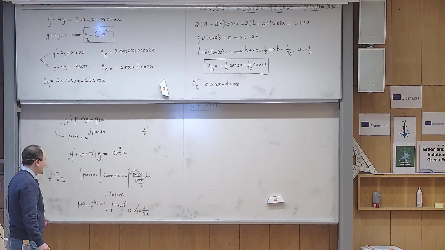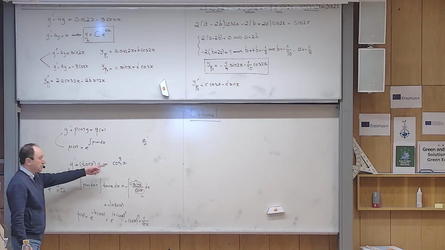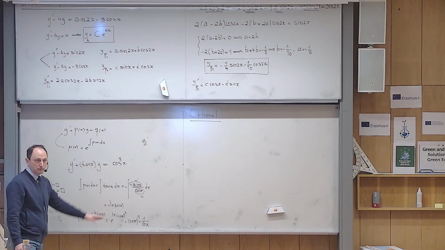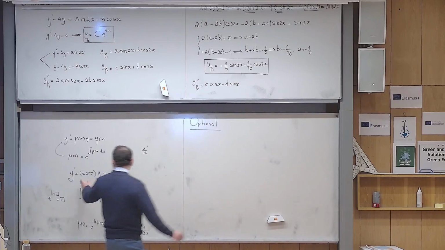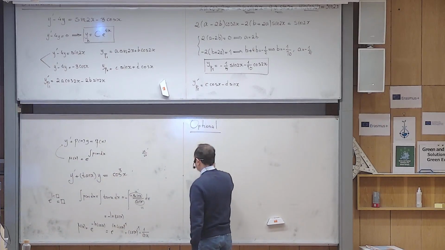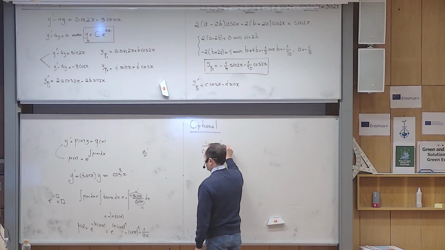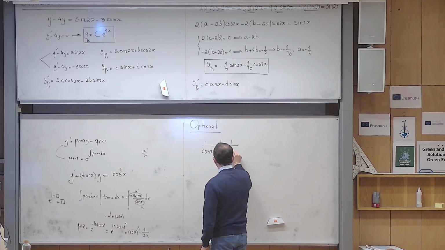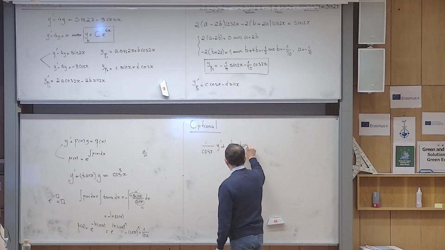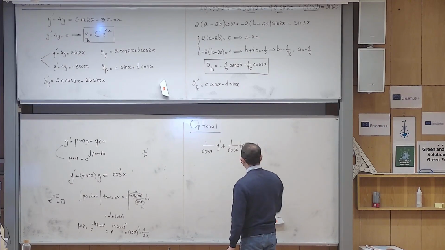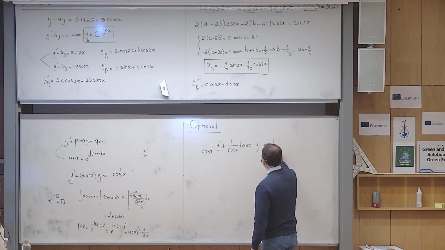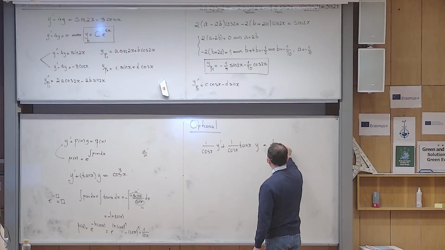So now I have to multiply both sides of my equation by the integrating factor I found. I multiply the left-hand side and the right-hand side by that. And then I also multiply the right-hand side by that.